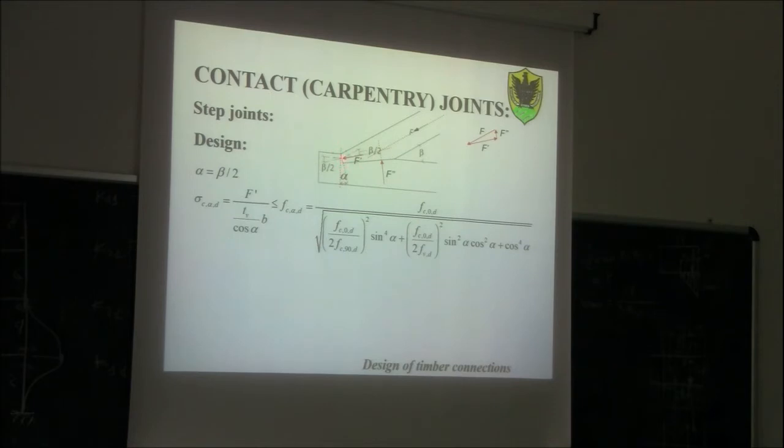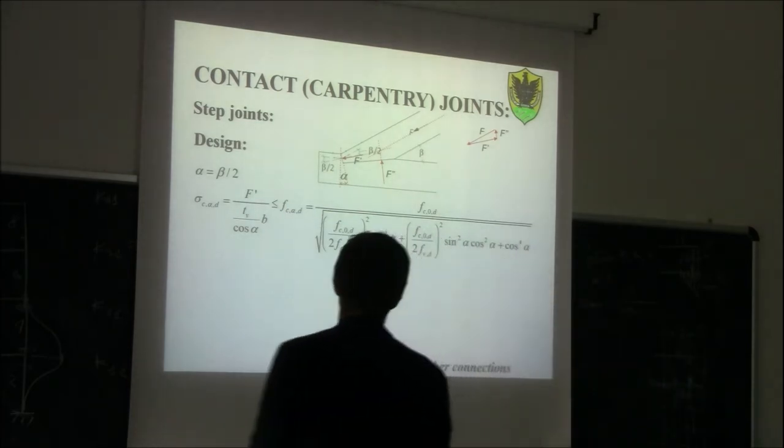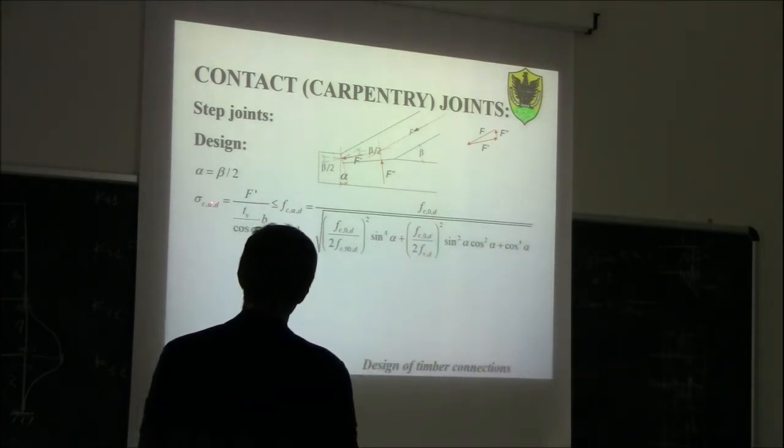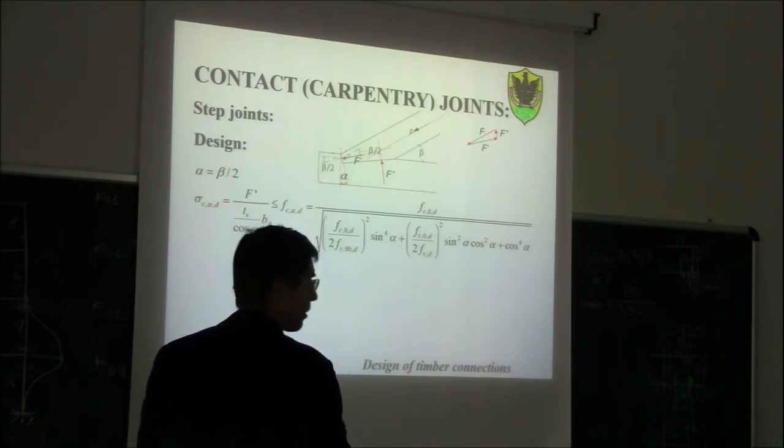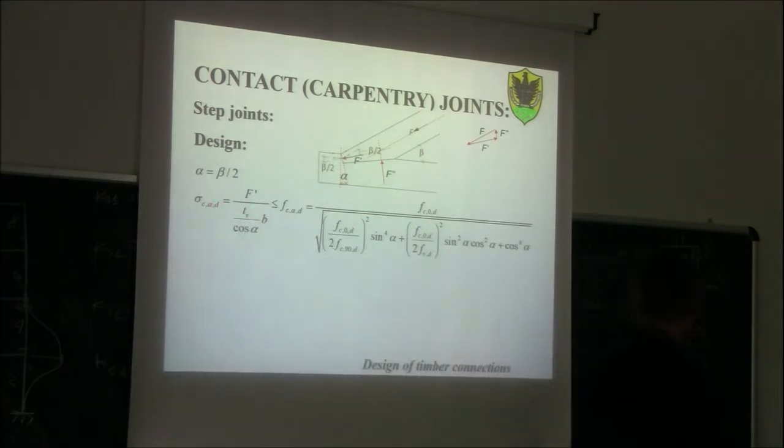So let's have a look at how this design inequality reads. Along this surface, we need to calculate sigma C alpha D, the compression stress at the notch at an angle alpha to the grain.